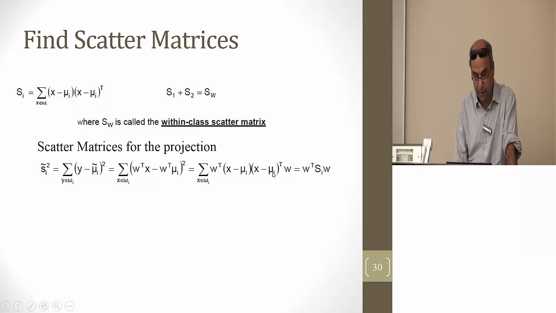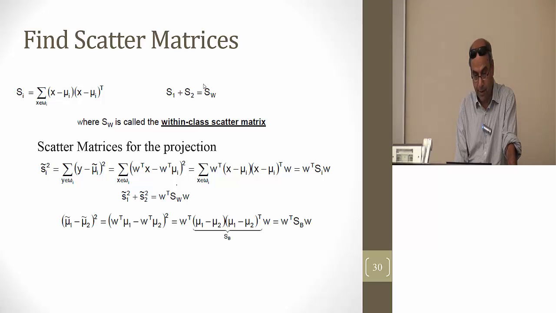And when you square it, you multiply by the transpose and W and all that. We'll call this thing Si, and this is W transpose Si W. Similarly, we'll have S2, and we'll add those two, which will give you W transpose SW W, which is shown here. So that is our within class scatter matrix.